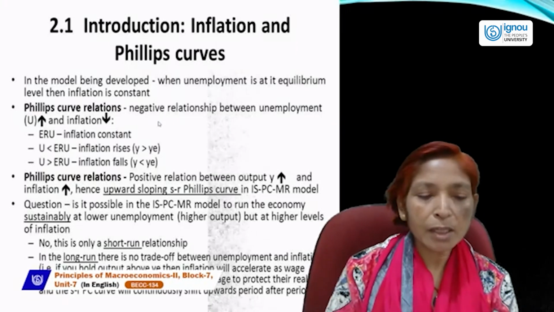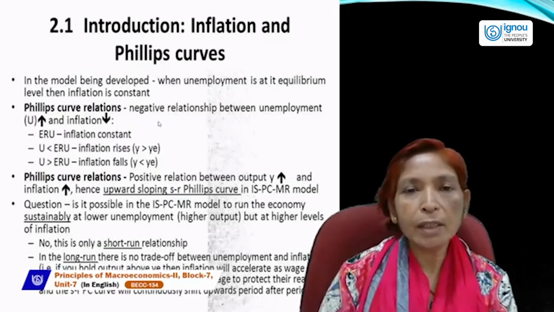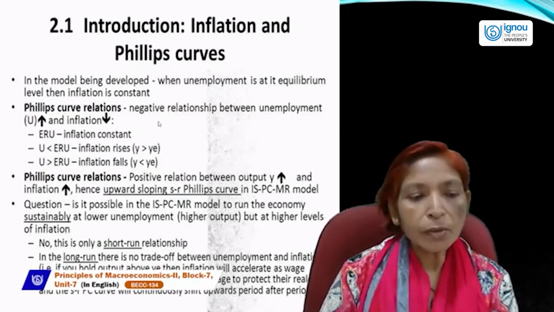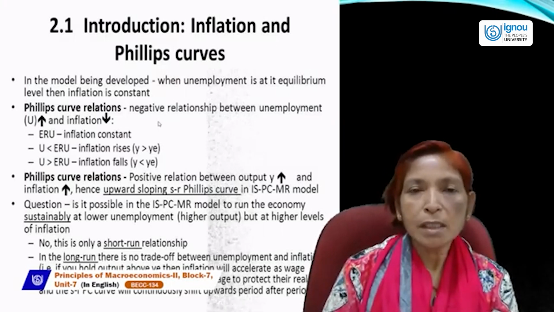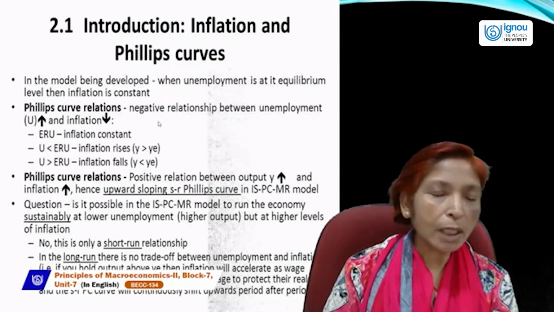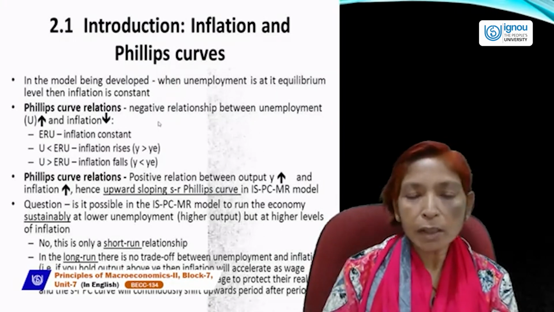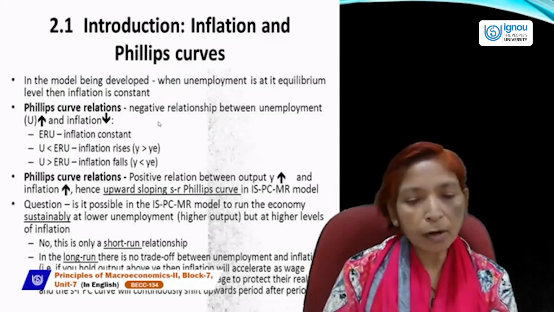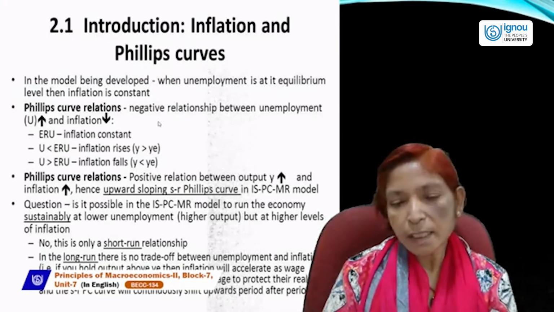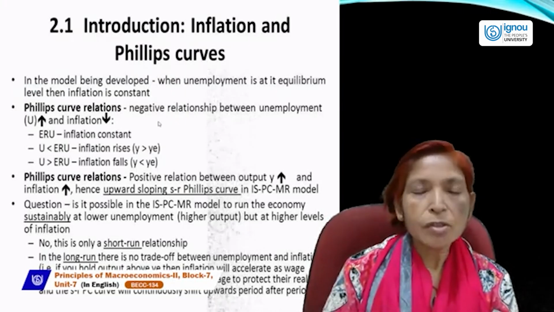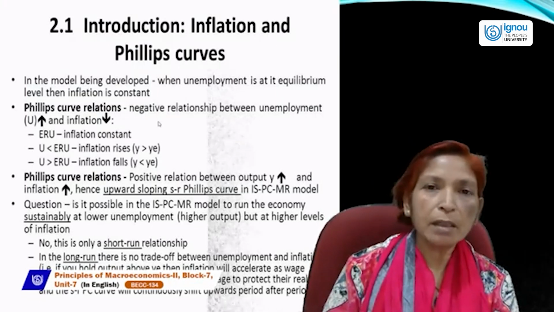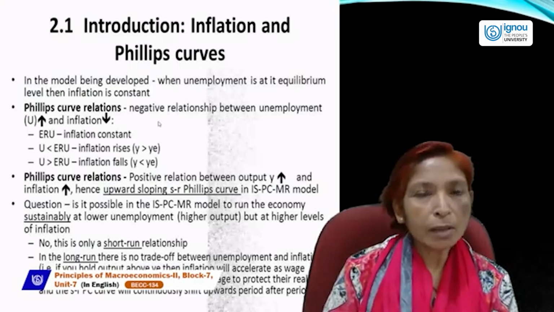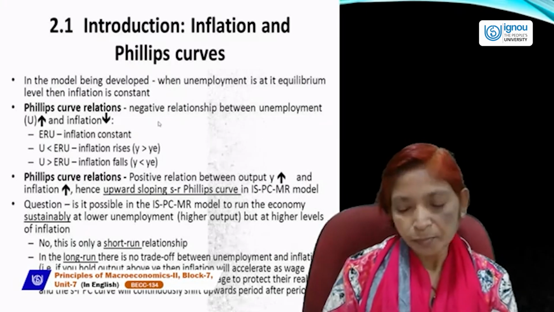There is a trade-off between unemployment and inflation only in the short run. So the Phillips curve theory is only applicable in the short run, not in the long run.